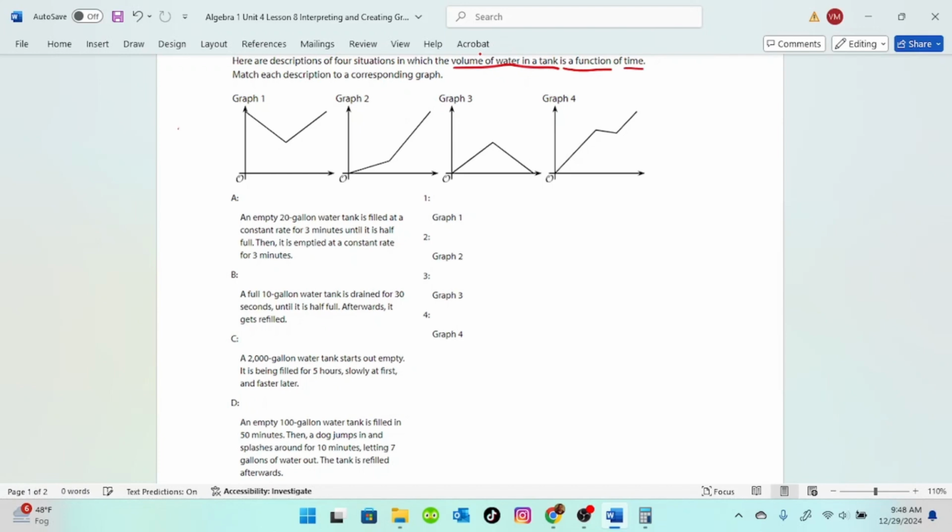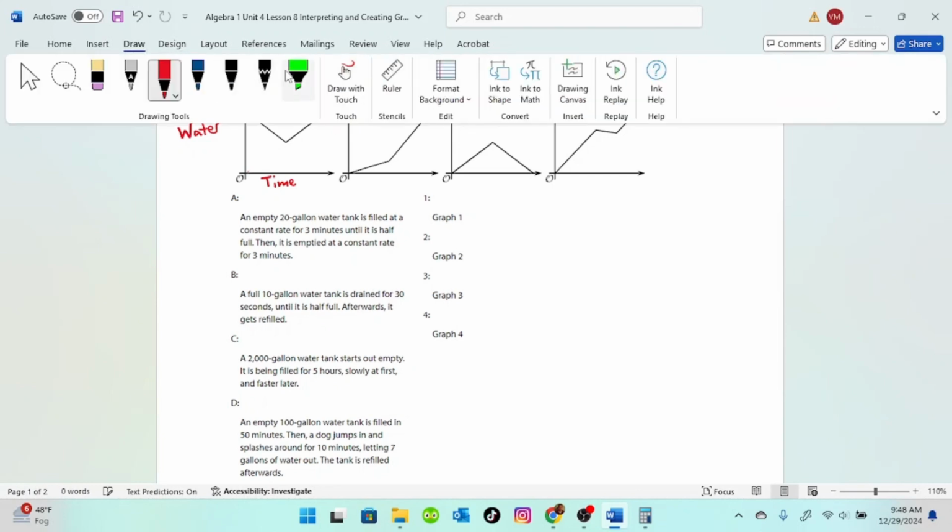That means water is the y value and time is the x value in all of these. So when we start down here at the bottom, it means the tank is empty. When we start up here at the top, it means the tank is full. So we have 4 graphs, we have 4 descriptions, and we need to match them.